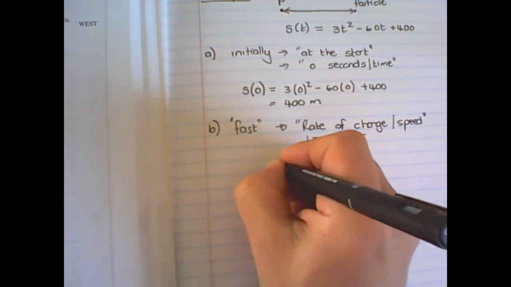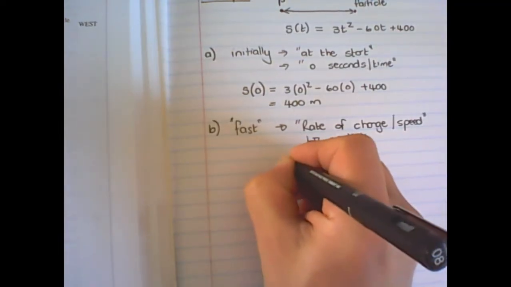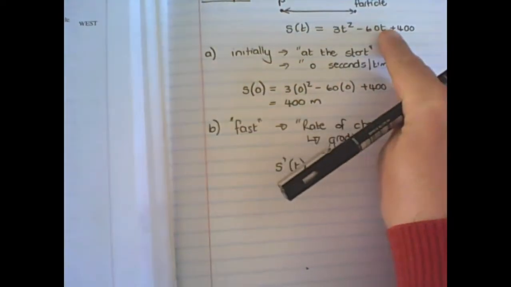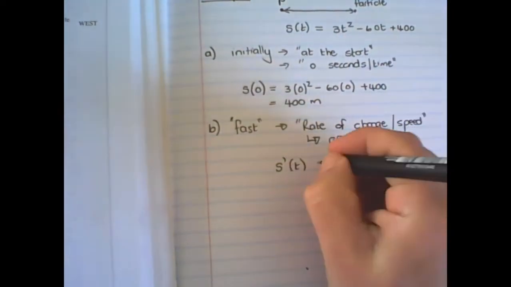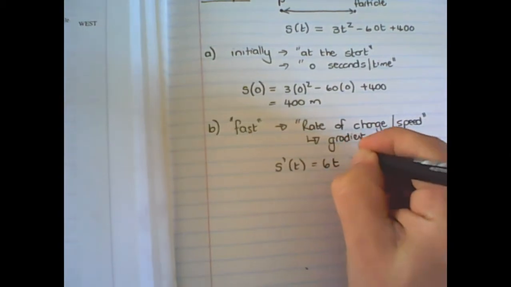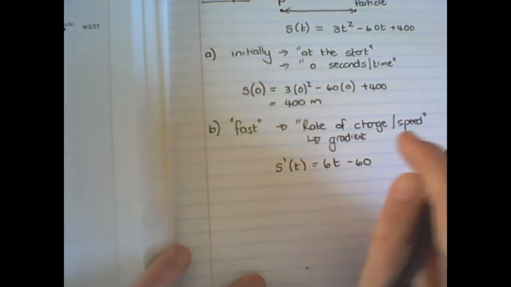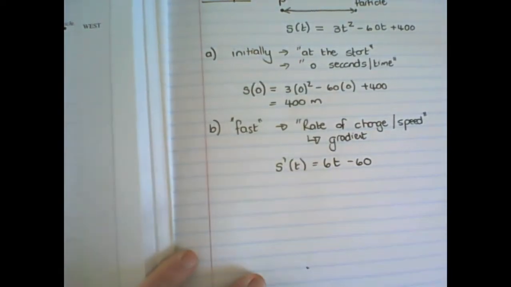So if I take the original equation and I take its first derivative, it is 6t minus 60. And what this would represent then is velocity. But we don't have to get into the technical stuff.